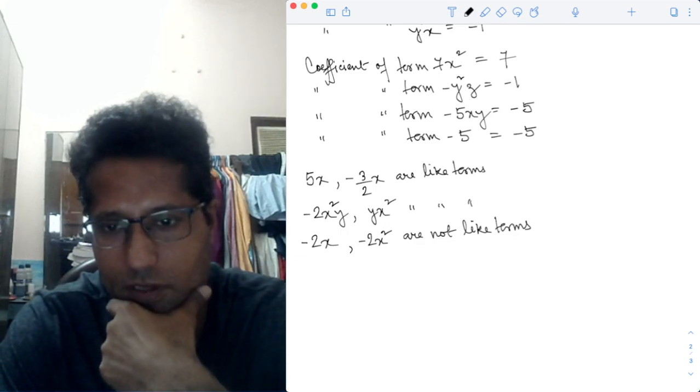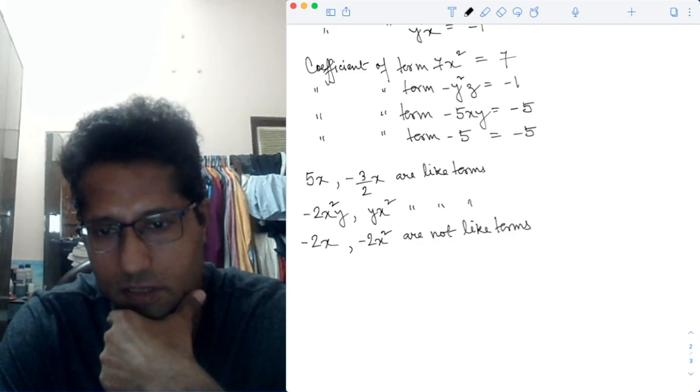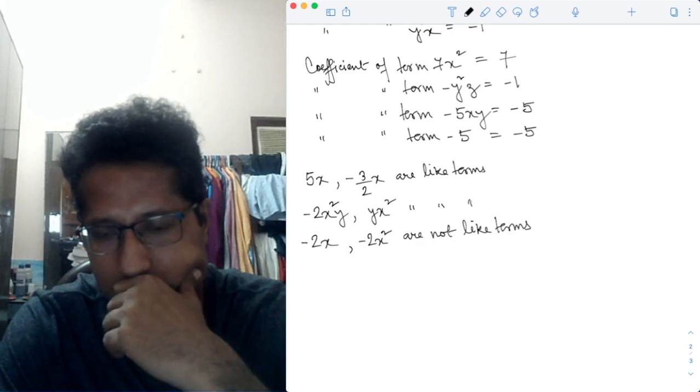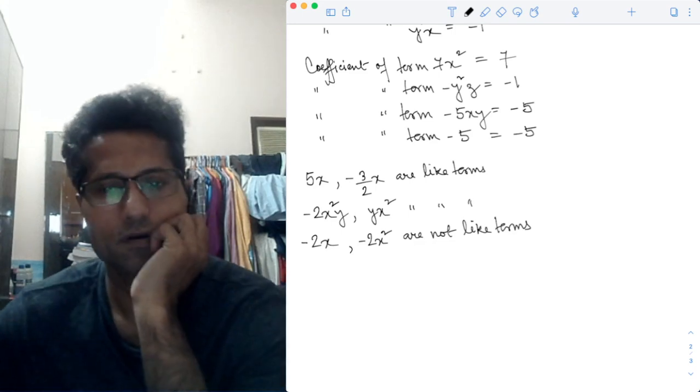Based on that definition, you might think that for minus 2x square, the literal factors are minus 2x and so on.